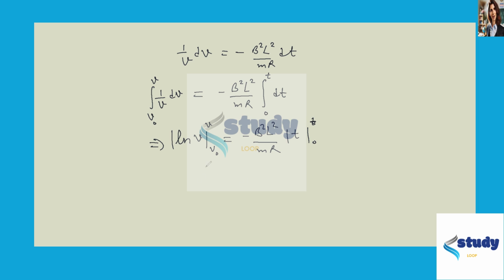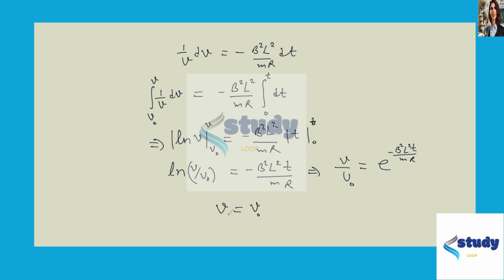So putting these values of limits, we finally get the natural logarithm of v by v naught is equal to minus B square L square t divided by m times of R. Or converting this logarithmic form into exponential form, we get v by v naught is equal to e raised to the power minus B square L square t divided by m times of R. So finally, the expression for instantaneous speed in terms of the initial speed given to this bar v naught is v is equal to v naught e raised to the power minus B square L square t by m times of R, where m is the mass of the bar and R is its resistance.